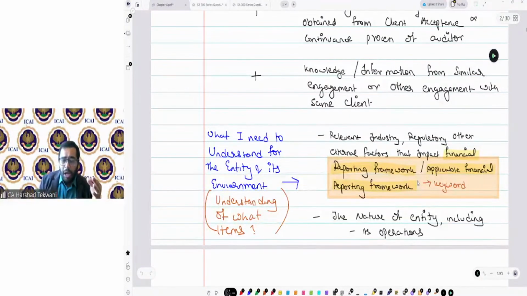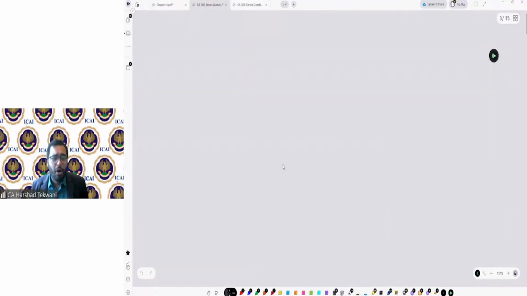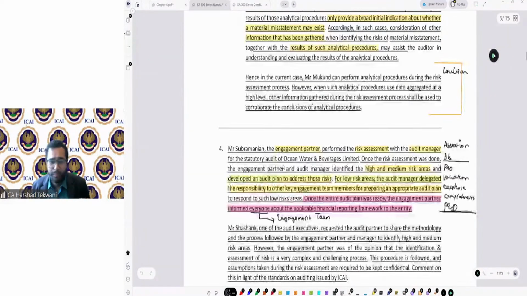So we discussed that the applicable financial reporting framework is something we need to understand when I gather the understanding about the entity. Once I gather the understanding, I will prepare the audit plan subsequently.